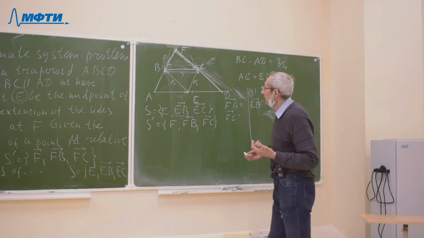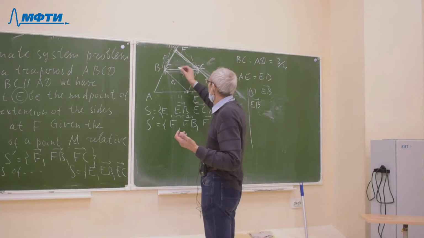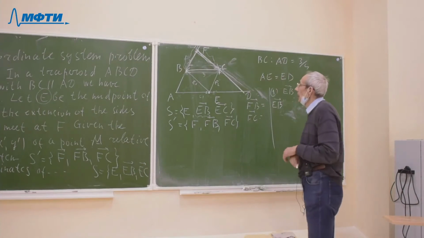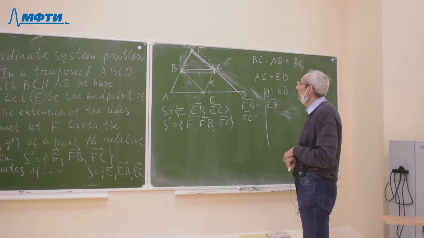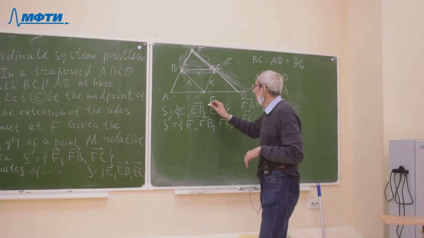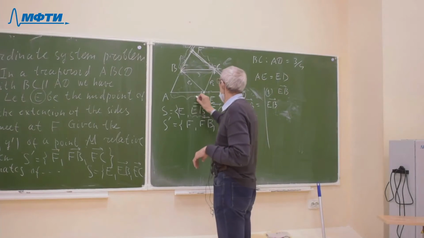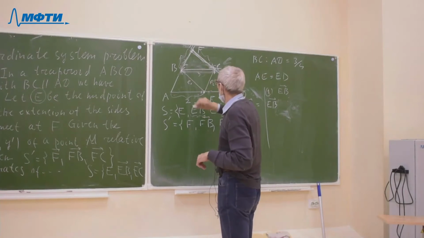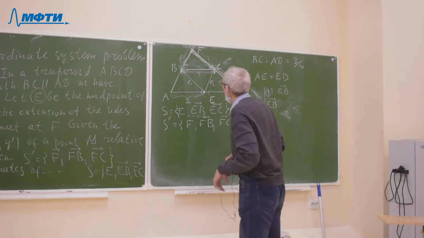And how to express, first of all, these vectors in terms of this. This length is equal to 3. These triangles are similar.